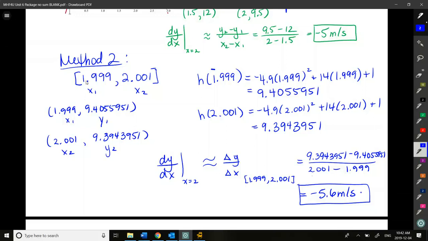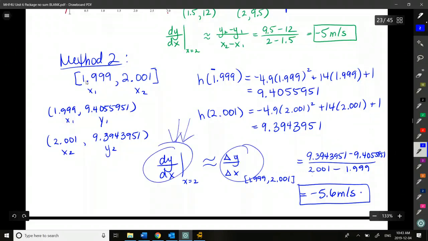So if you were to ask instantaneous and instead of writing delta y over delta x, we wrote y2 minus y1, would you take 1.5 off of that? Well, you need to use at least one of these. If I'm calculating instantaneous rate of change, I should see dy over dx. If I'm calculating average, I should see delta y over delta x.